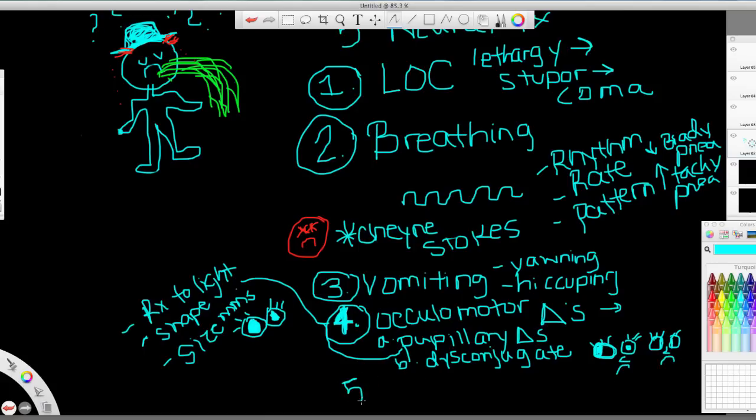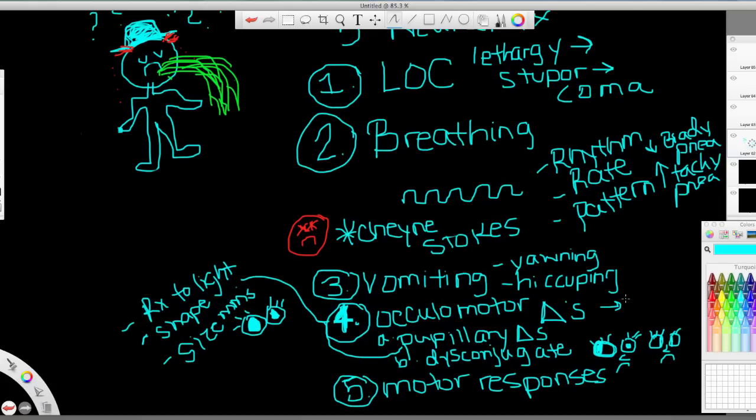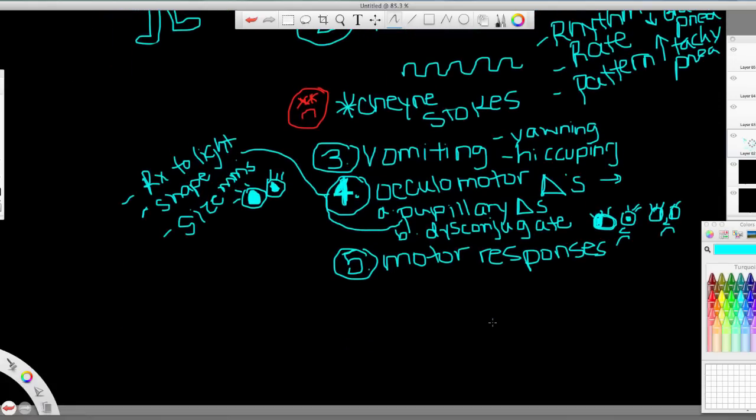Okay, the last thing we're going to look at is his posturing. And we classify this as a motor response. So the motor responses tell us a lot about the cortex, the cerebellum, and the lower motor control. So we're looking at, with motor responses, posturing. Typically, if you do a sensation or tactile test on a patient, they'll have responses that range from purposeful, so they are deliberately responding to you, like if you ask them to wiggle their toes, all the way to no response at all.